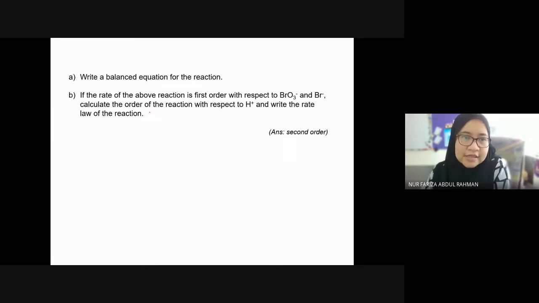And lastly, if the rate of the above reaction is first order with respect to BrO3 minus and Br minus, see, this question is a bit different. Even though we have 3 reactants, we can already imagine the difficulty of finding 3 orders, many steps. But let's look at the question.